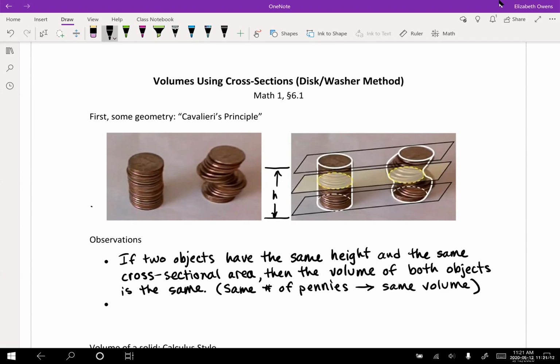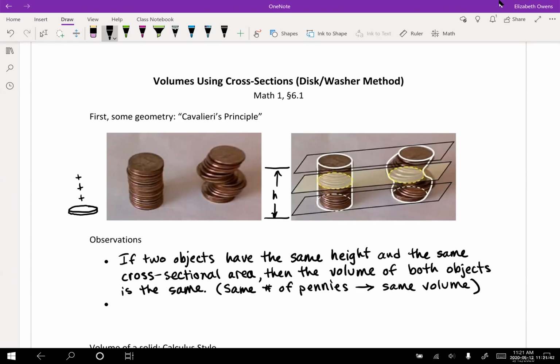So if you think of a single little penny's volume, we're taking, let's estimate here, there's probably about 15 pennies in this stack, 15 to 20 pennies. So we're taking the volume of that single little penny, and then we're adding up more and more of those little individual slices of volume.